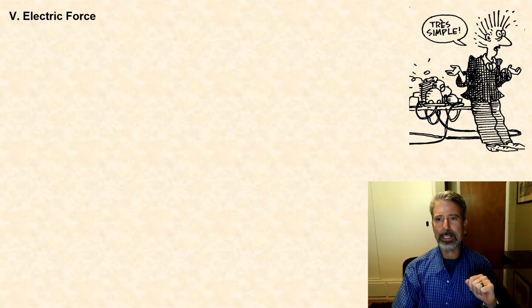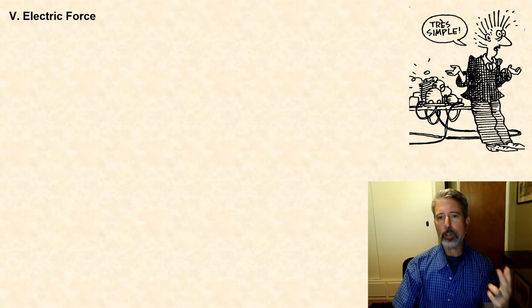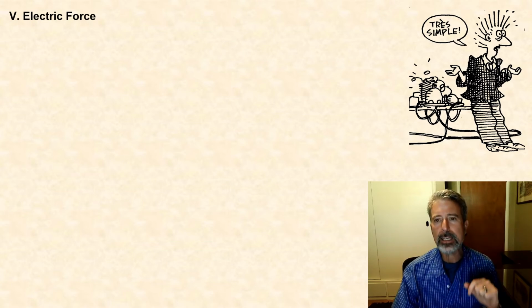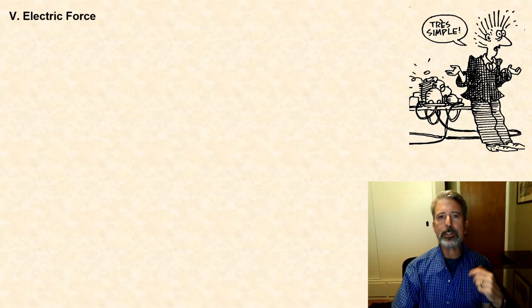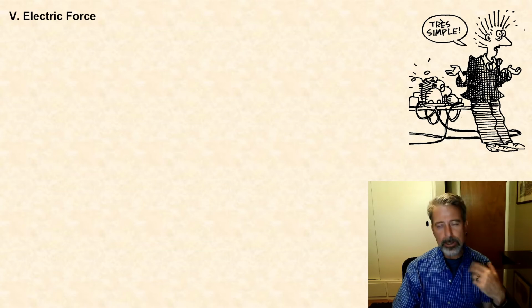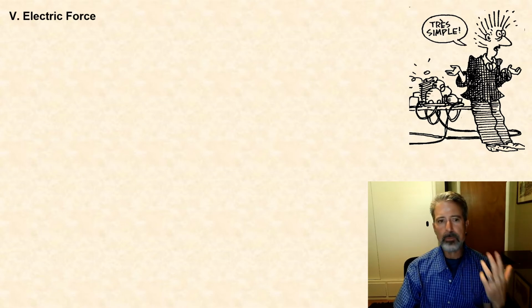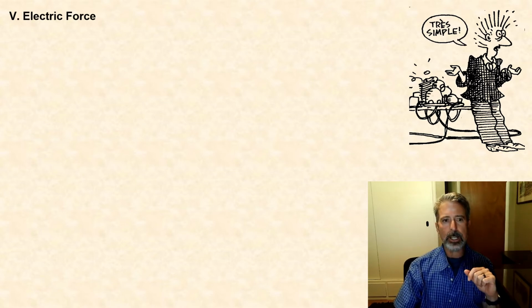How do we calculate it? Well, we can thank Monsieur Charles Augustin de Coulomb, a French scientist who in 1785 stated his famous law that allows us to calculate the size of the electrostatic force between charged objects. So that's what we're going to take a look at in this slide.